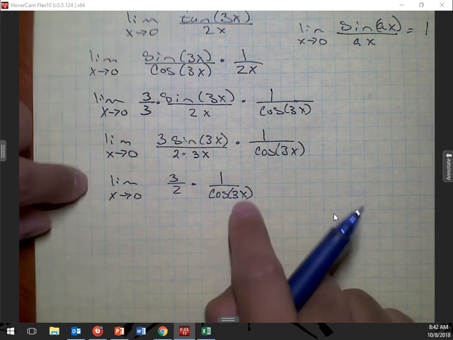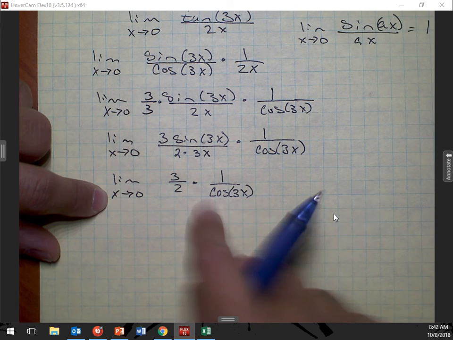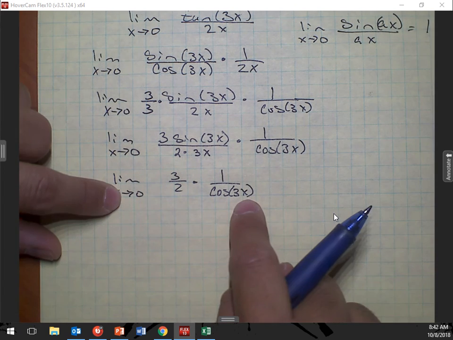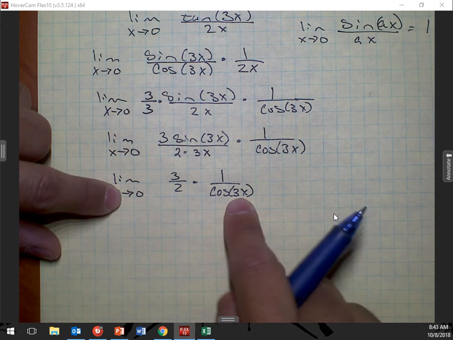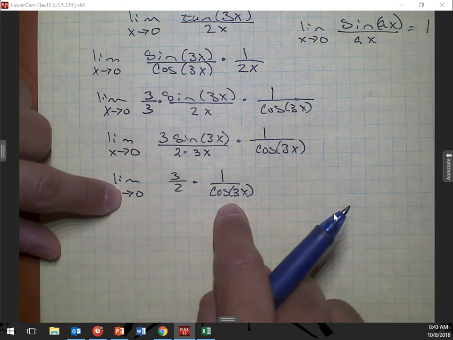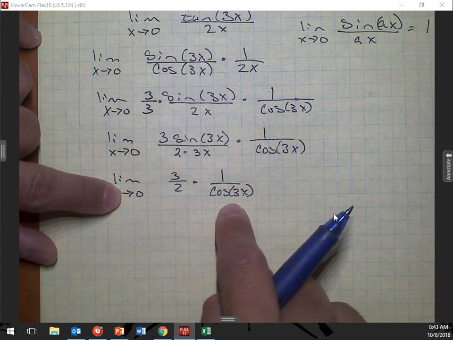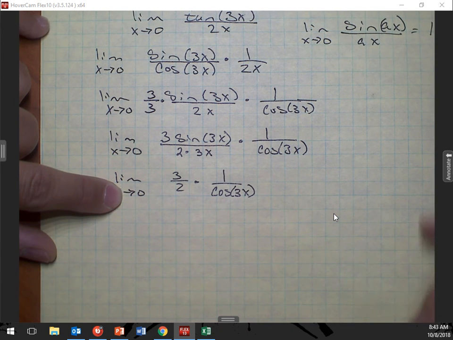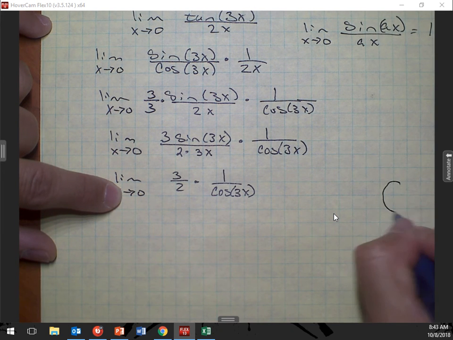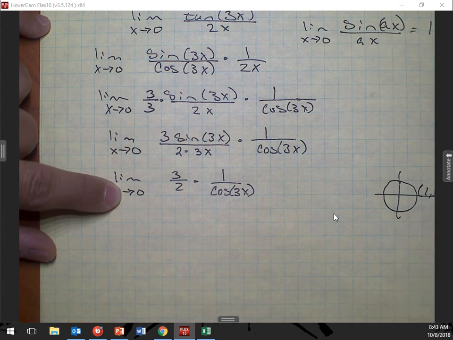Now I can try and do this. Let's see what we got. I'm going to plug in 0 for my x value. So 3 times 0 is 0. Cosine at 0 on the unit circle is 1. If you remember the unit circle, this right here is my 0, which is the point 1 comma 0.